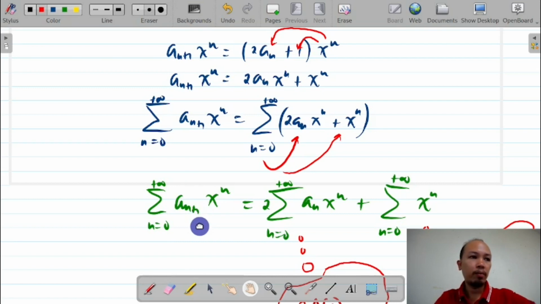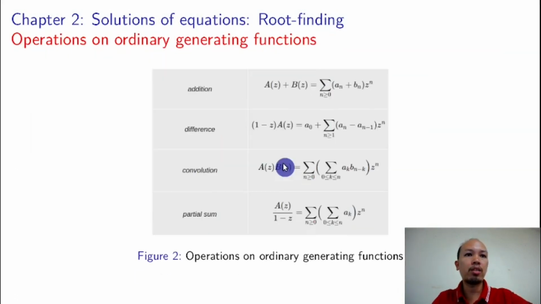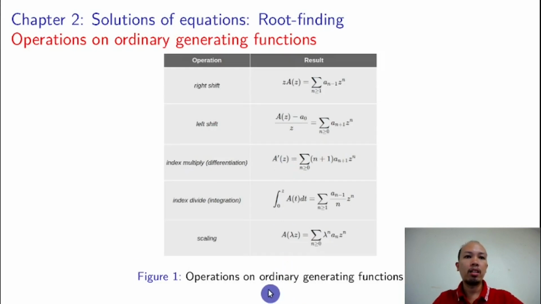In our previous discussion, I know this is shifted to the, is it right or left? Okay, so let's go to our operations on ordinary generating function. So is it right or left shift, this one?